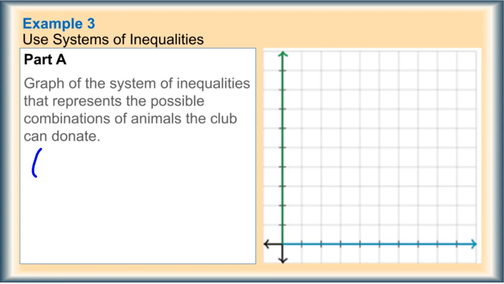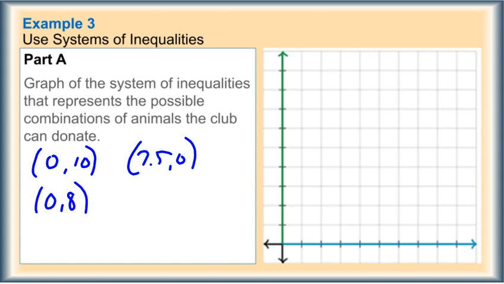So we got 0 and 10, and we have 7.5 and 0. The other one would be 0, 8. And we have 8, 0. We'll count these by ones. So this would be 1, 2, 3, 4, 5, 6, 7, 8, 9. This is 10.